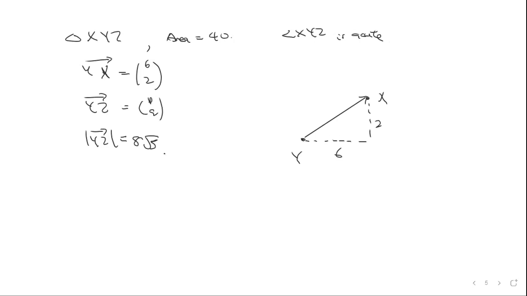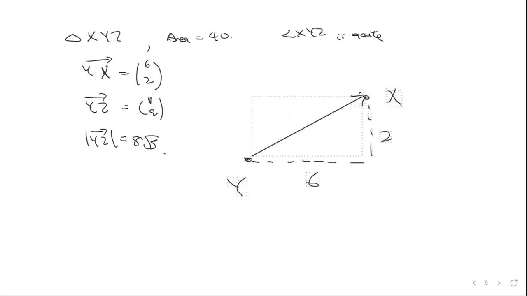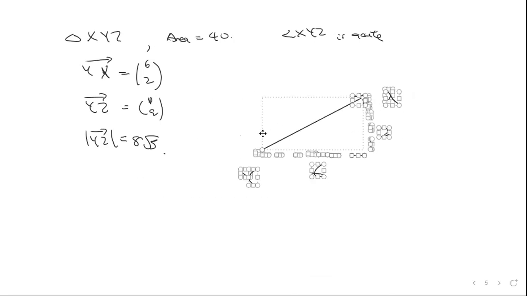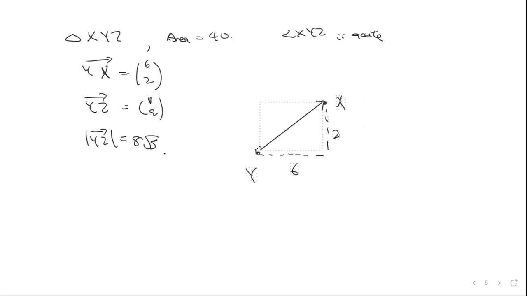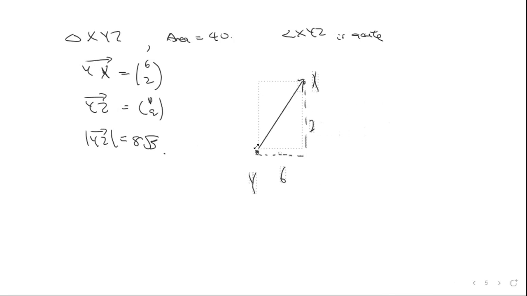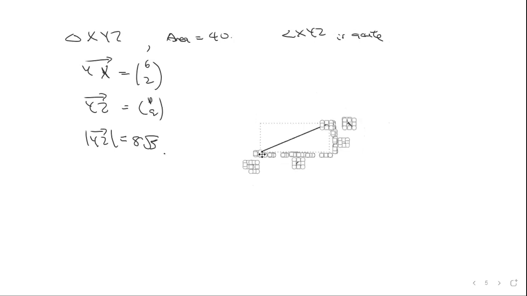All right, so not to scale, maybe I'll make this a little bit smaller to try and make it a little bit better to scale. Something like that. All right, so you got (6, 2). Now, we have no idea where YZ is, but what we do know, to give you some idea, is that we know its length.